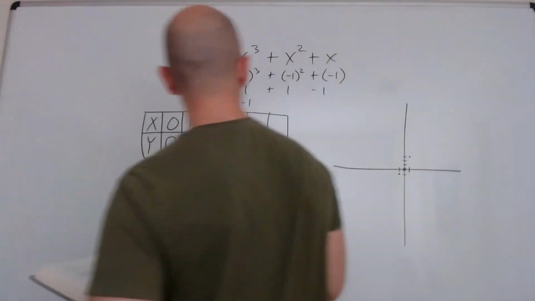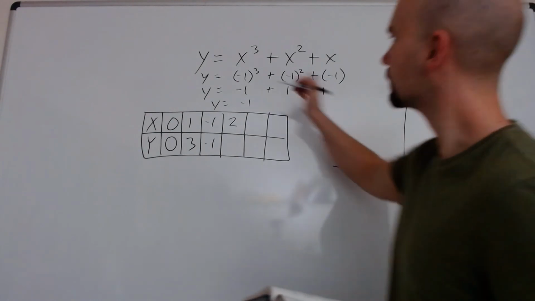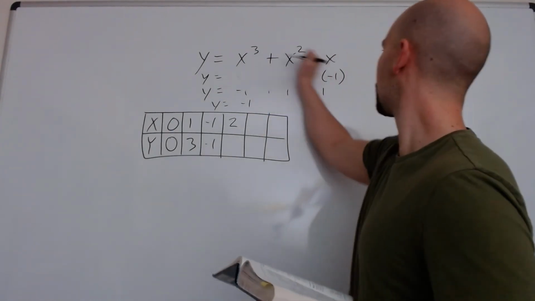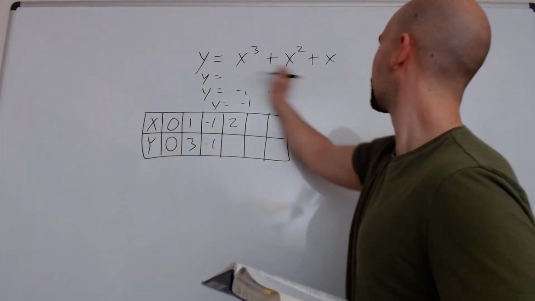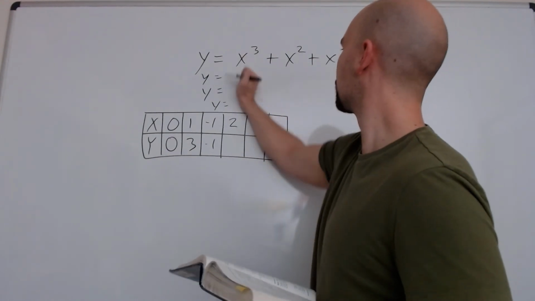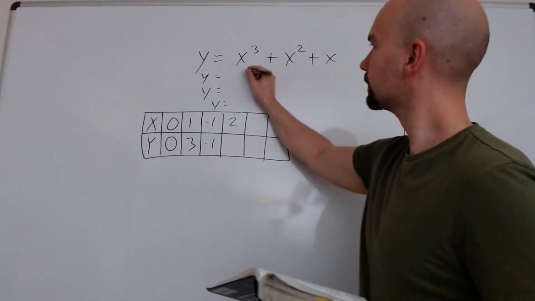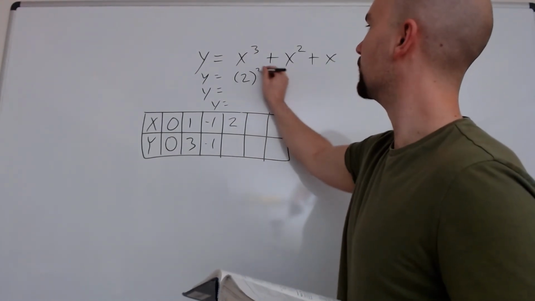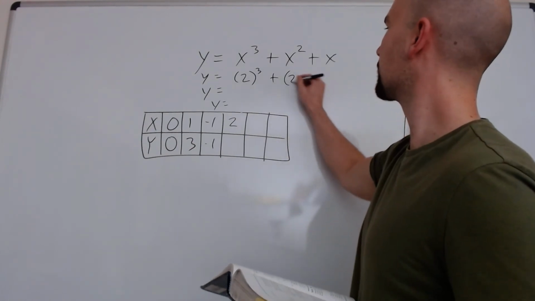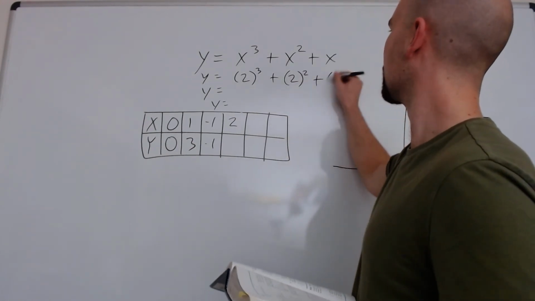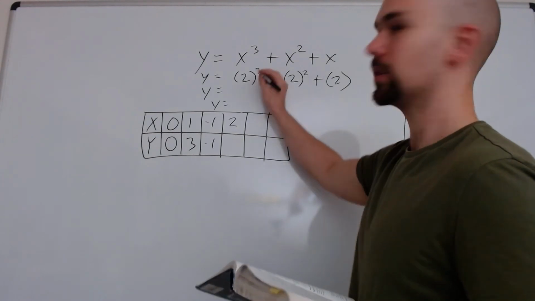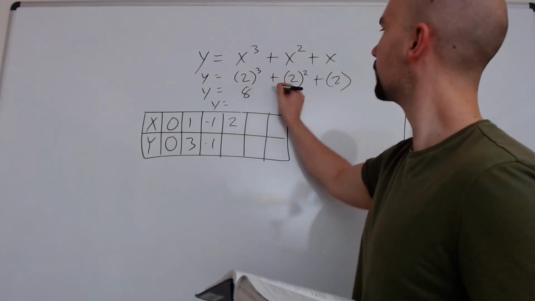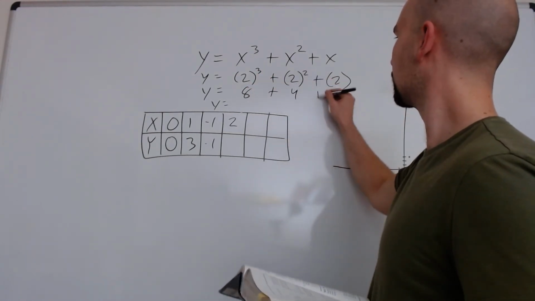Say x equals 2. Two cubed plus 2 squared plus 2. 2 cubed is 8 plus 4 plus 2.